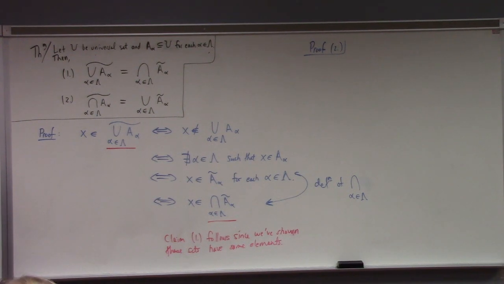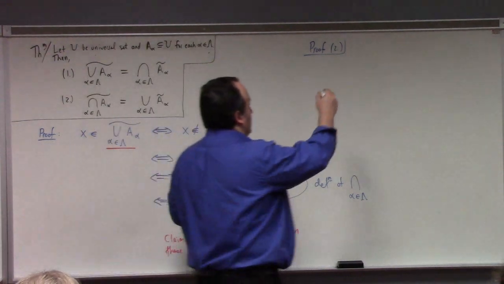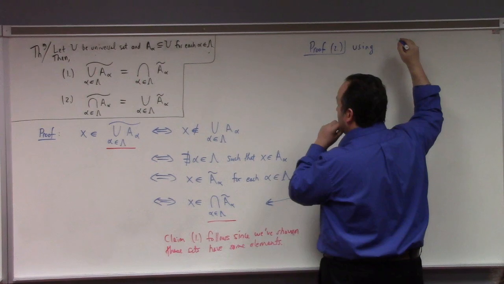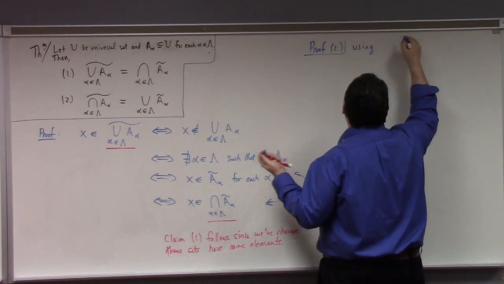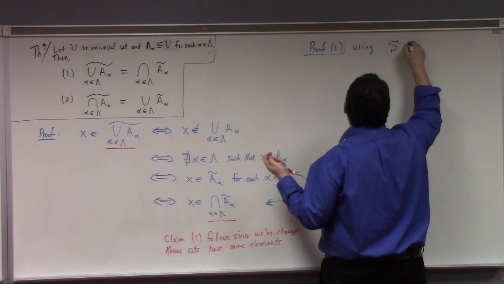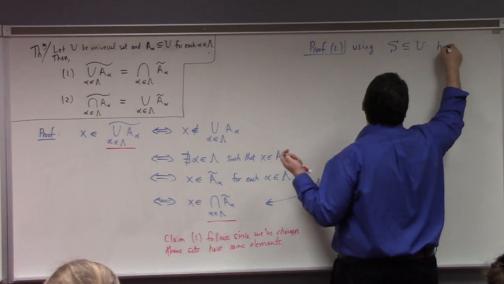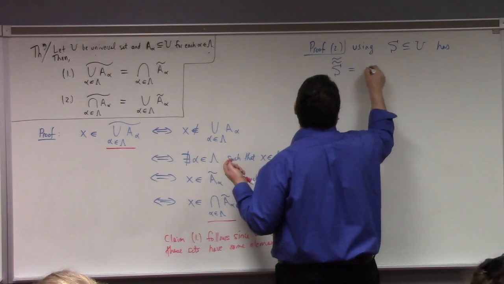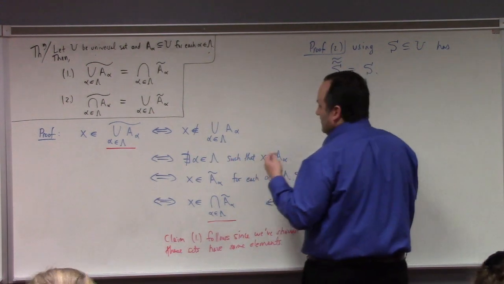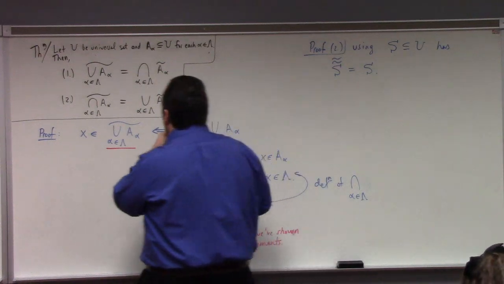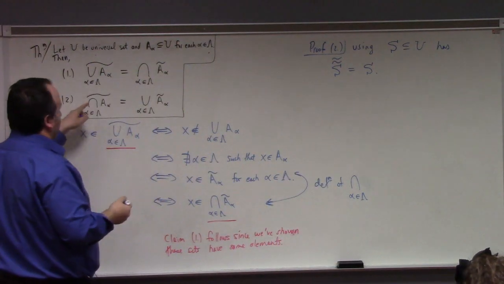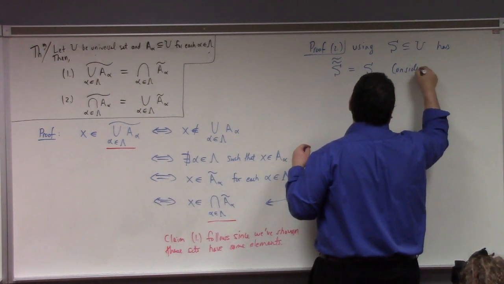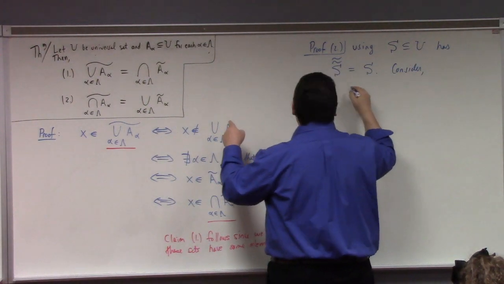Is there a way we can prove 2 using that, let's say any set S, subset of U, has what? S complement complement is what? S, right? So what if I look at, I usually do some kind of boneheaded thing here, but let me try.